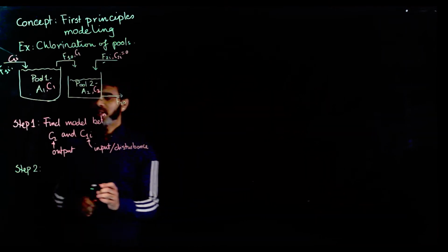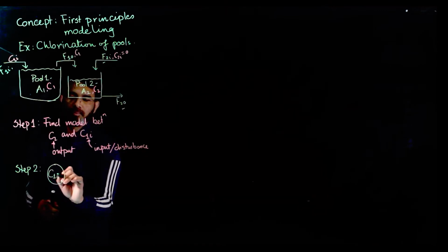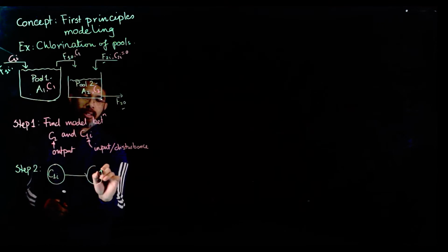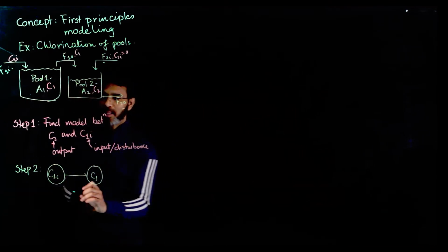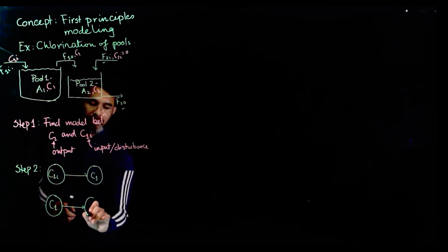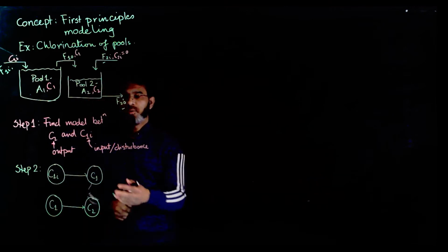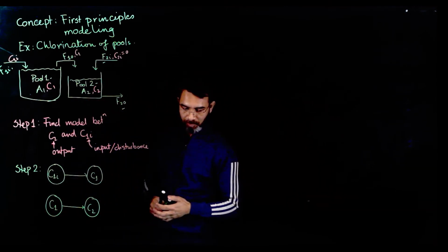So you know that if there is a change in C1I, that will affect the concentration in the pool, which is C1, okay? And then when there is a change in C1, that will affect C2. So you know that we may need two equations to describe these two relations, okay?